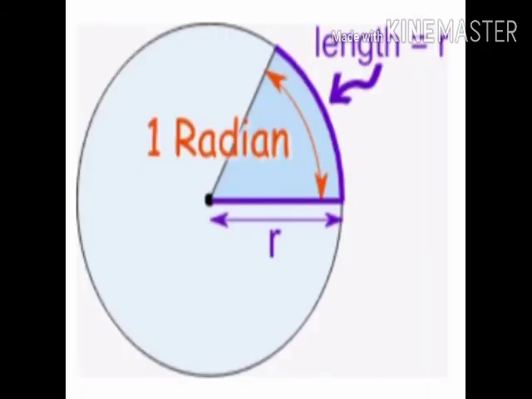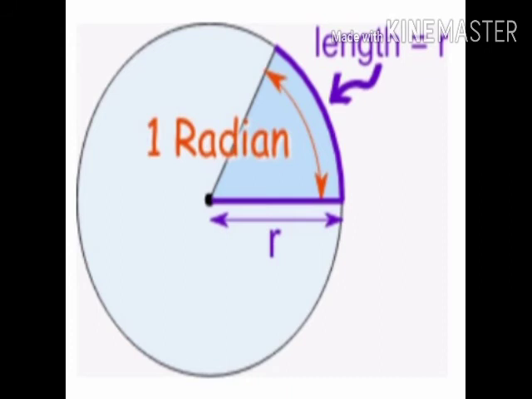See, in this figure, you can see a shaded region. Can you say what the shaded region is called? Yes, it is a sector. Sector means the region, or the area enclosed, between two radii and its arc. In this sector, the radius is r. And see the curved path.